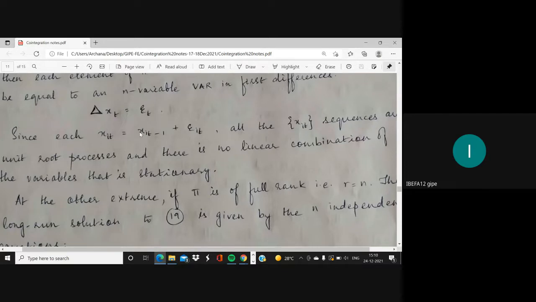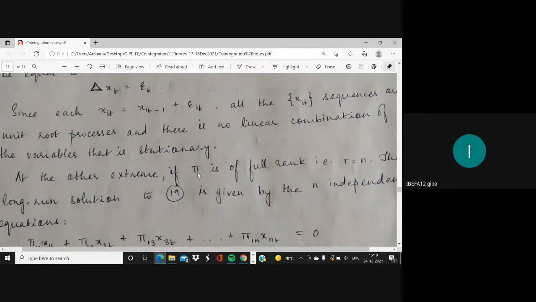No coefficient value is written, so you know that the coefficient is equal to 1. So all these n variables in the vector xt are basically unit root processes or non-stationary variables, and there is no linear combination of these variables that will be stationary. Remember that we need to find a linear combination of the variables which will be stationary. Only then are the variables said to be cointegrated. So that's why this statement is being made over here.